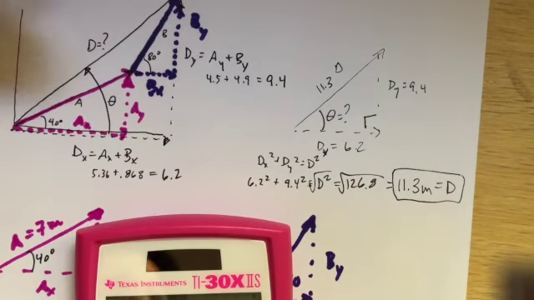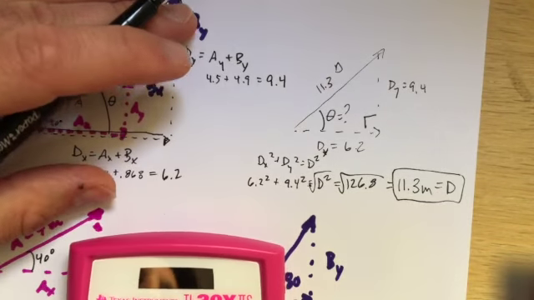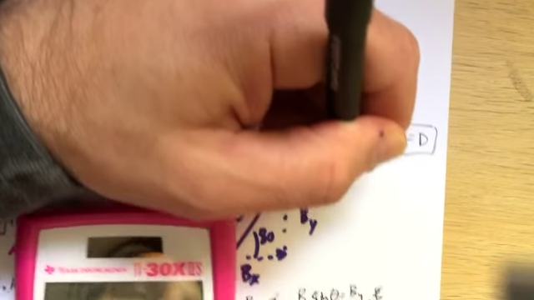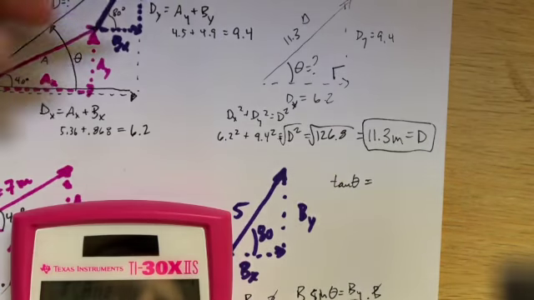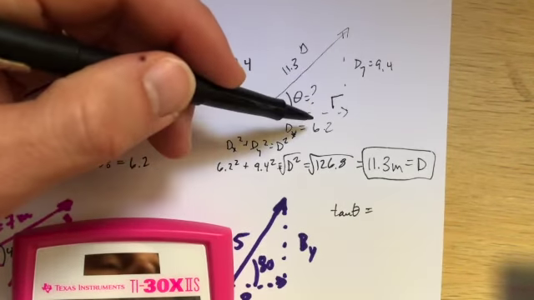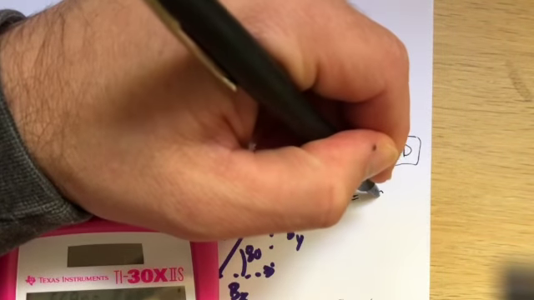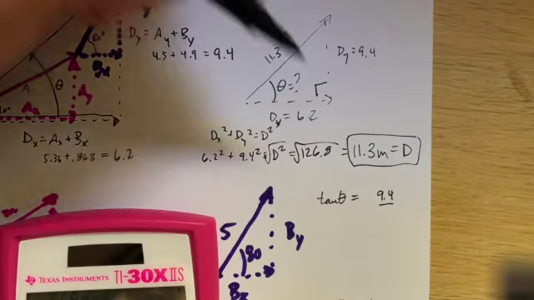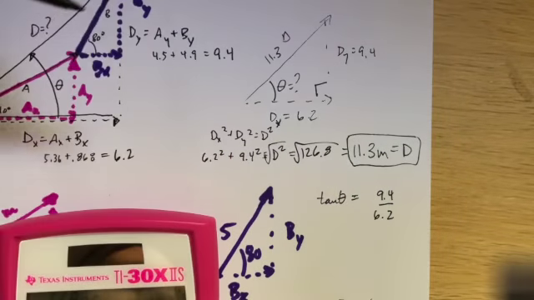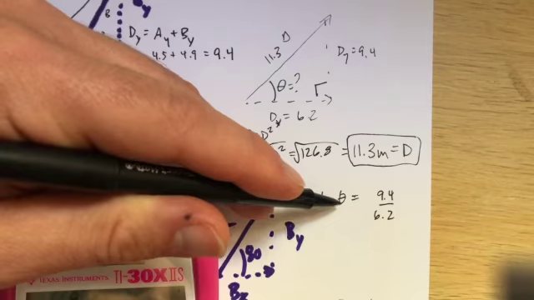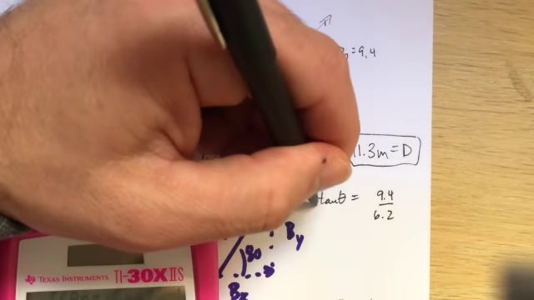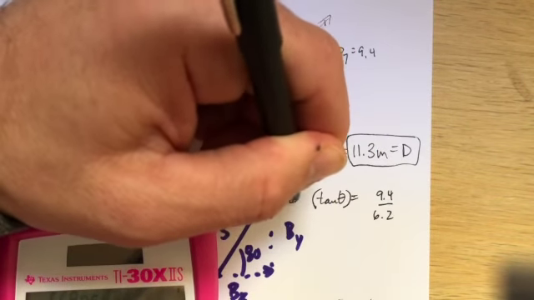So let's just use, I guess I use tangent regularly, so that we know that the tangent of that angle is equal to the opposite over the adjacent side. So 9.4 divided by 6.2. All right. I don't want the tangent of that angle, though, I just want the angle. So I have to untangent it by using inverse tangent.